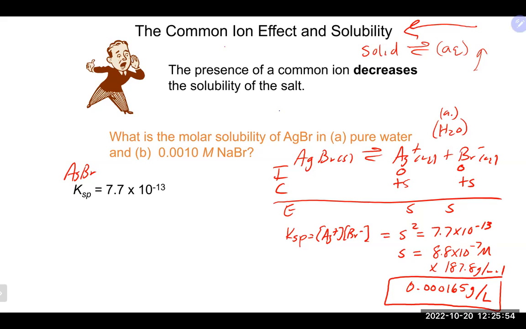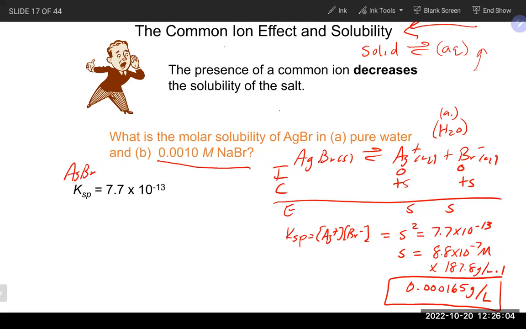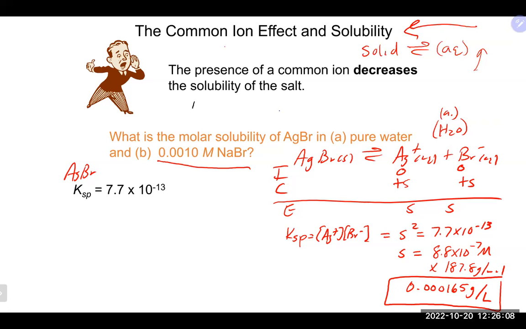But now if we put that same silver bromide into a solution of not just water, but that does contain 0.001 molar sodium bromide. Sodium bromide is a salt that will not set up an equilibrium. It is soluble. It is going to break apart into sodium and bromide.